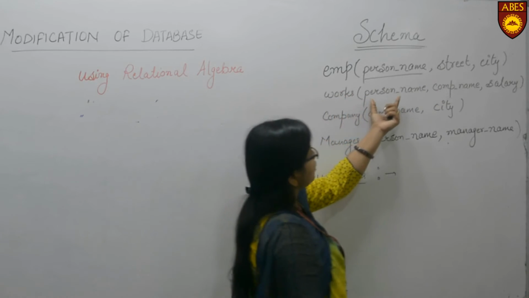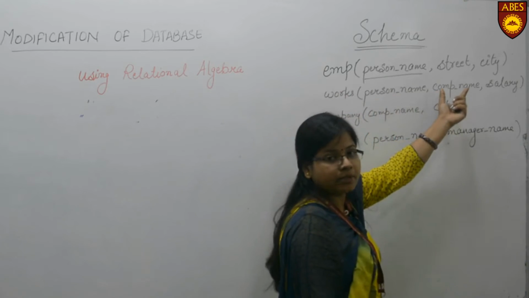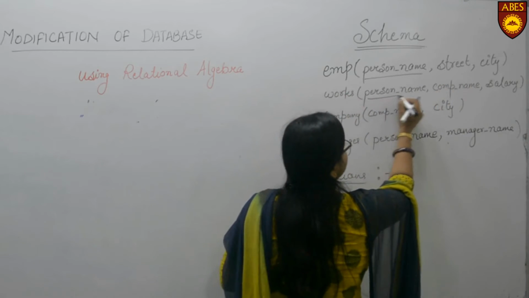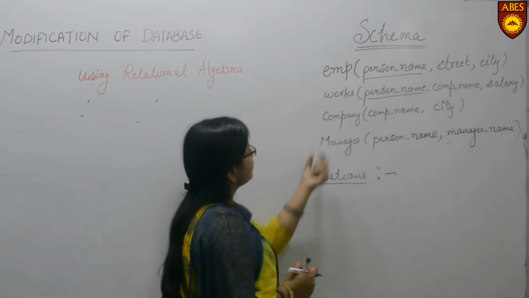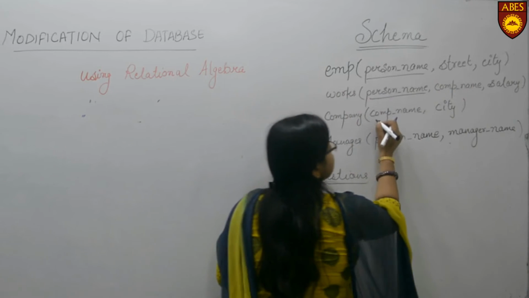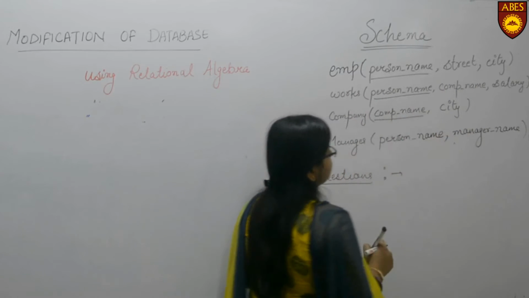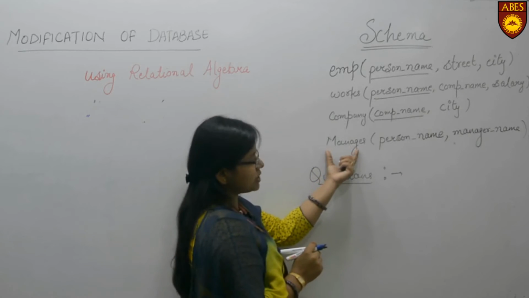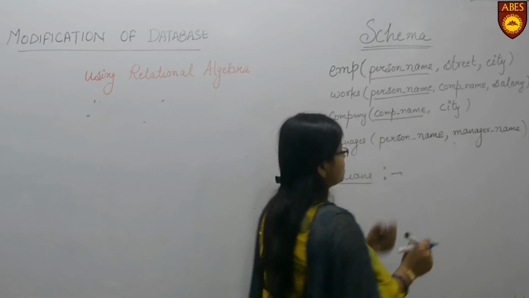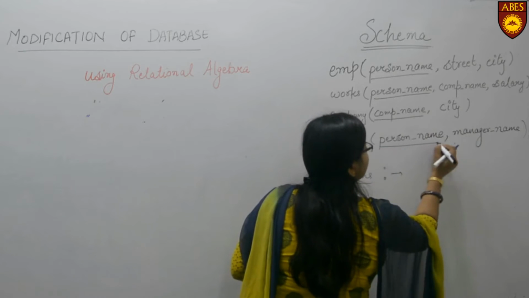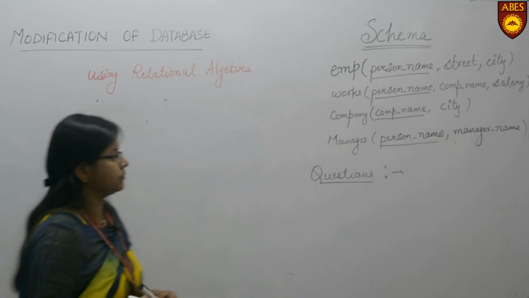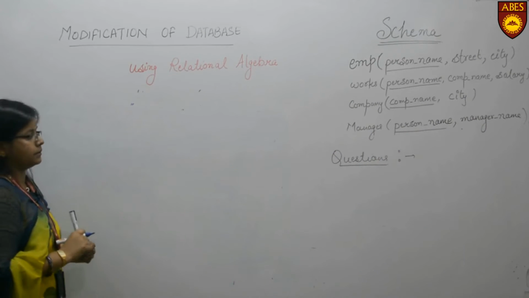Works, consisting of person name, company name, salary, where person name is again a primary key. Company, consisting of the attributes company name and city. Managers, with person name and the manager name, which keeps a record of the manager of the person.